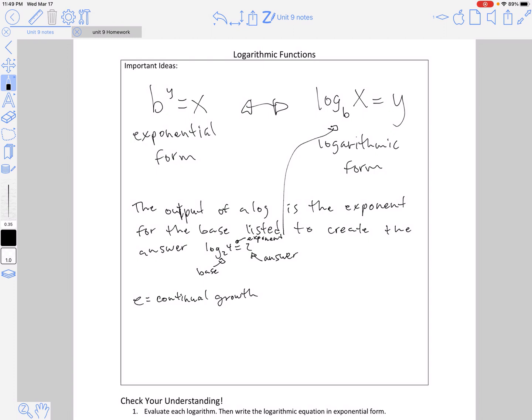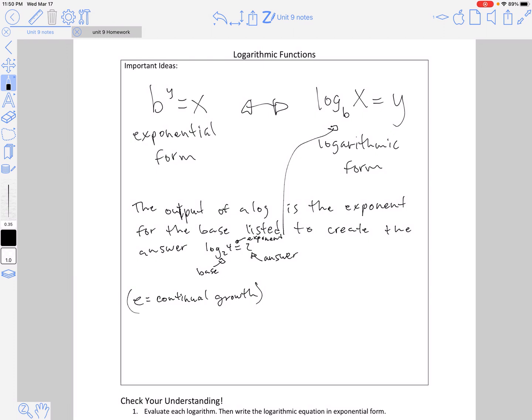And e will help us take care of representing that growth in a function because it is exponential over time. So e helps us see that. All right. So just kind of remember that. E is a number, okay? It's like pi where it never ends. So that's why we give it a name, E.